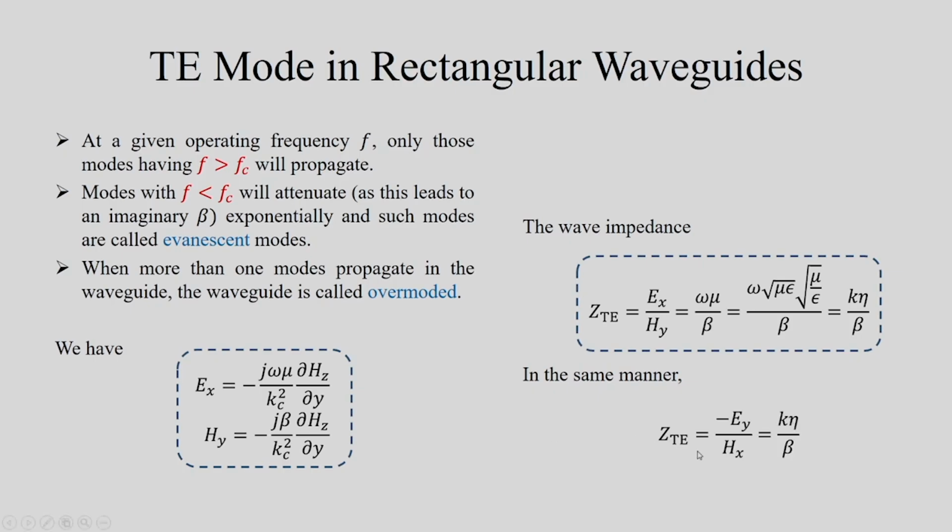Now, we also find ZTE can be defined as the ratio of minus Ey by Hx, which is equal to k eta by beta. Please note that when we consider the Ex and Hy components, it gives the wave which is travelling in the z direction, and ZTE is the wave impedance as seen by this wave.